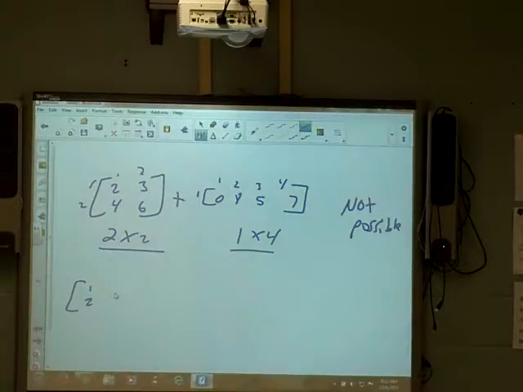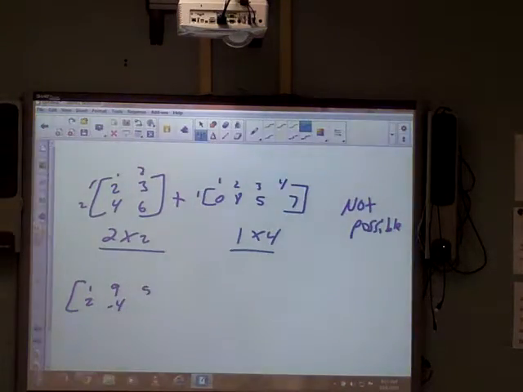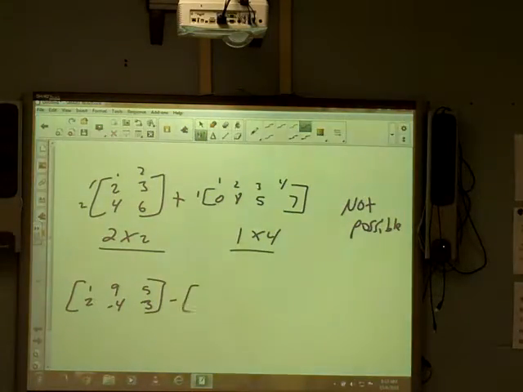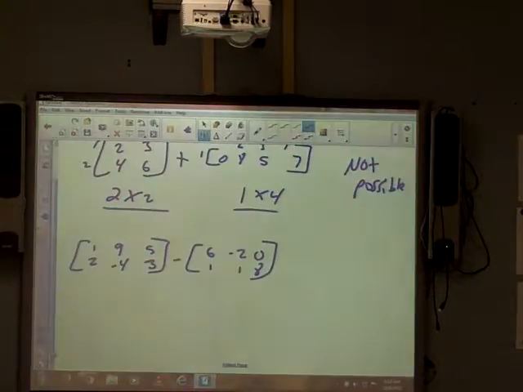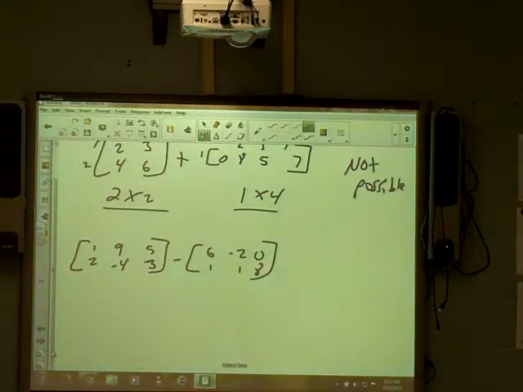Alright, so if I had 1, 2, 9, negative 4, 5, 3, minus 6, 1, negative 2, 1, 0, 8. Okay, first thing before I start trying to subtract is, can I subtract those?